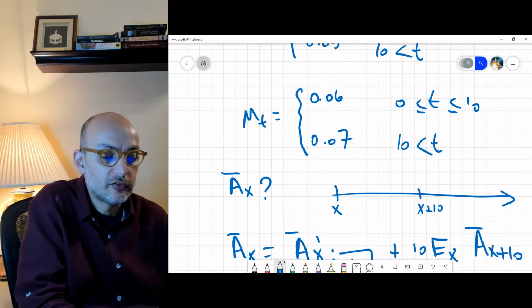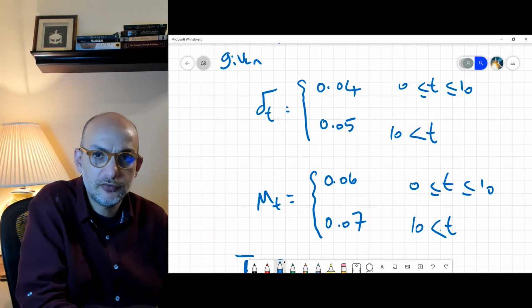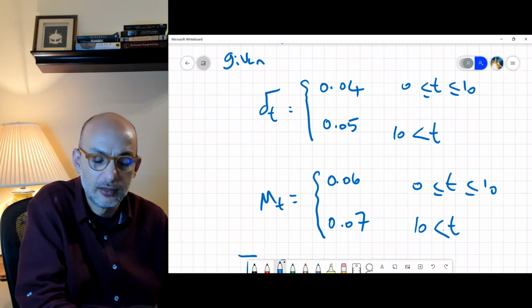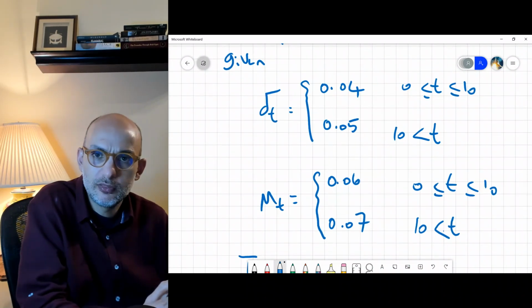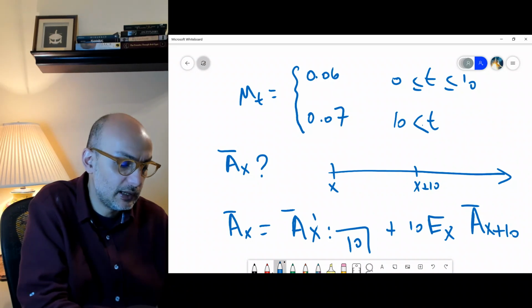Why do we need to do this? Because again, there is a split here. There is a shift in mortality, a shift in force of interest at time 10. So it's better to deal with them separately, because this is a unique area here.